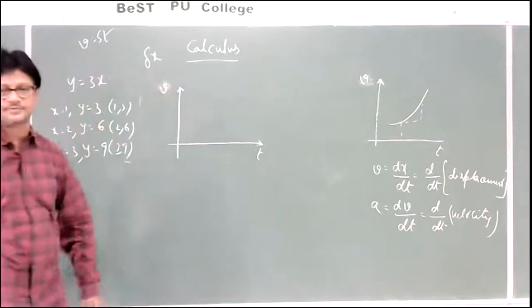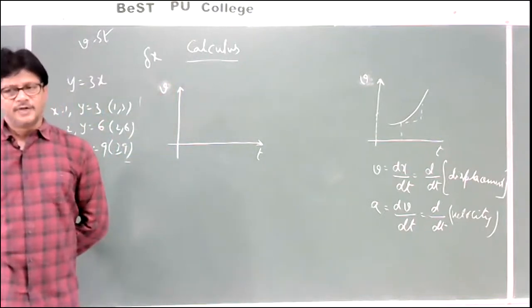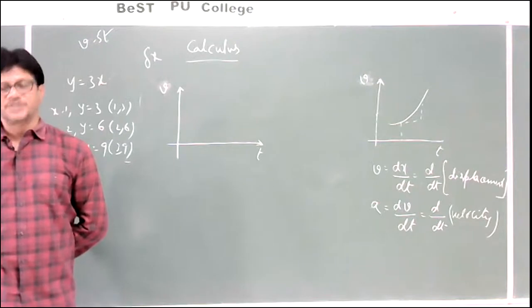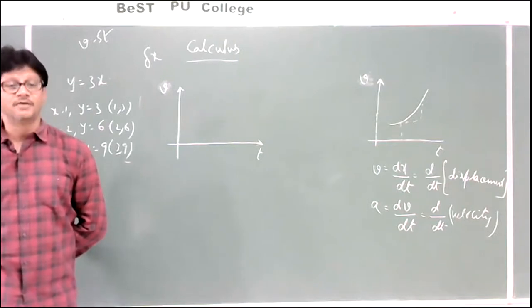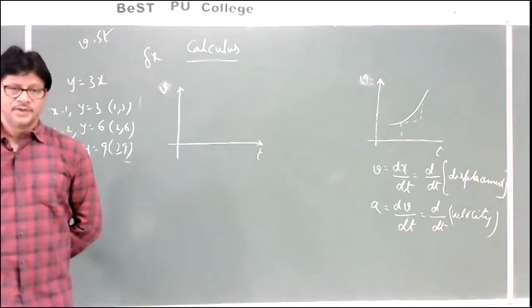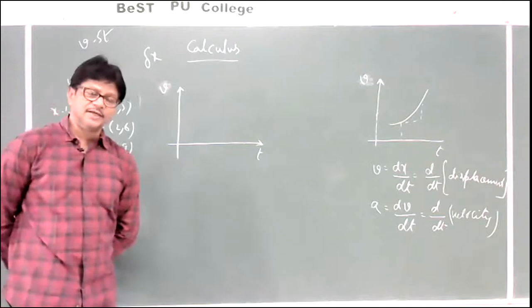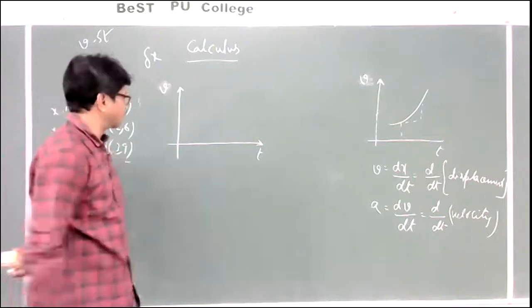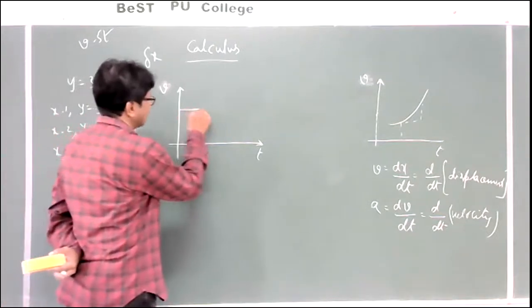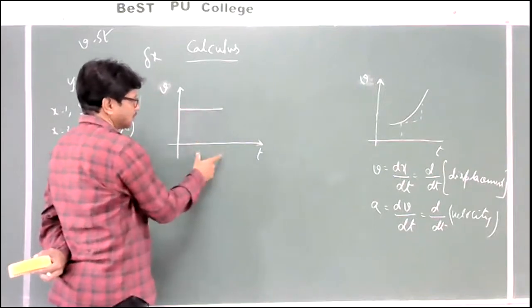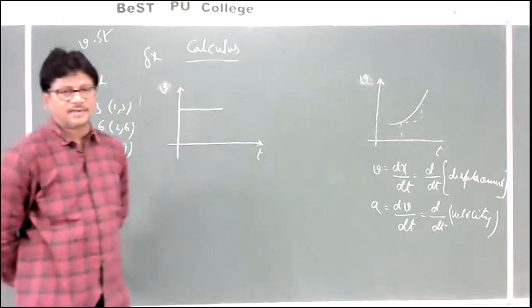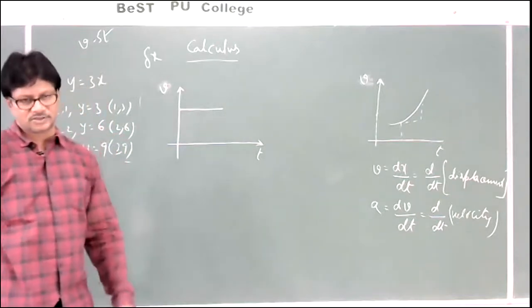So, for example, velocity is a constant, that is, uniform velocity. With uniform velocity, what is the shape of the curve? A straight line parallel to the time axis.